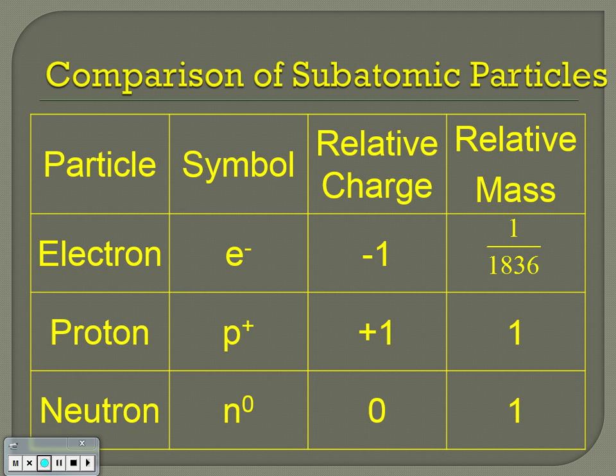When it says charge, that's actually not a measurement. It's a comparison between those three particles, okay? So, you can see that under neutron it has zero charge, right? The fact that electrons are negatively charged and protons are positively charged is true, but how does that charge compare to the other one?